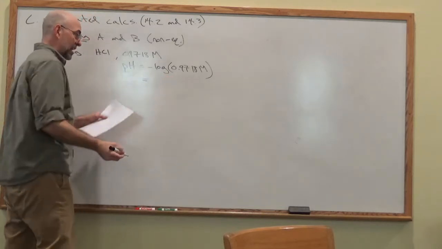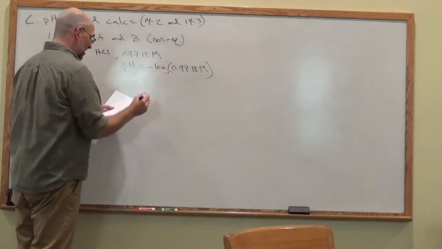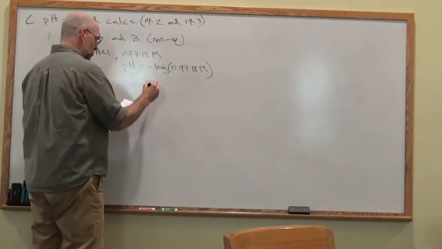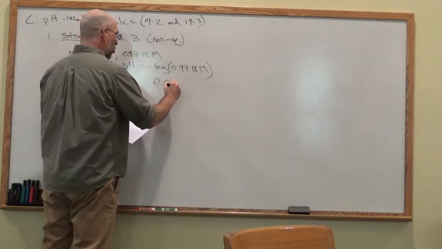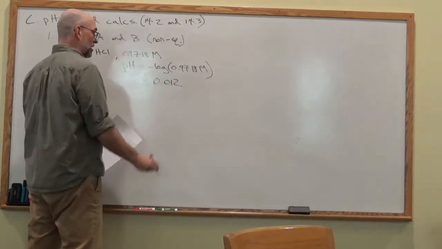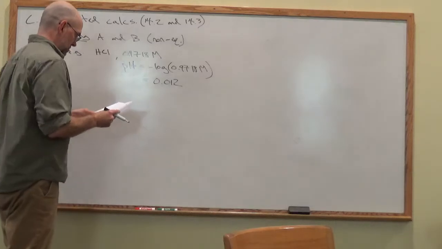This is a good example, because it's really pretty concentrated, and I believe you get 0.012. That's really close to 0. That's super acidic.